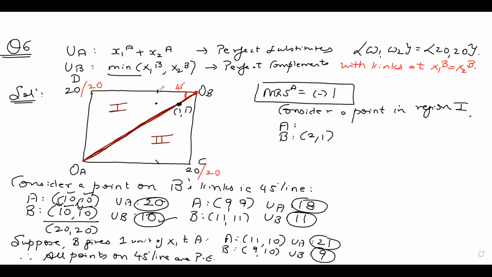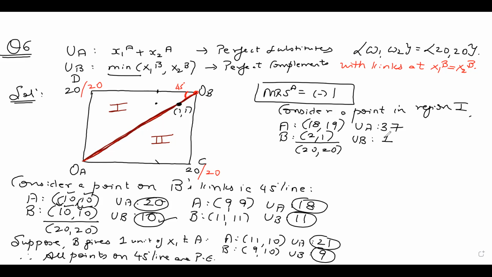So if B has 2, 1, how much will A have? 18 comma 19, because the sum has to be 20 comma 20. Utility which A gets is 18 plus 19, which is how much? It is 37. And utility which B gets is min of 2 comma 1, which is 1.